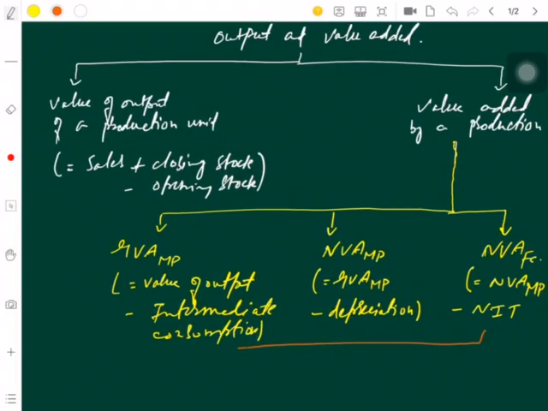I'll extend it from here like wage, rent, interest, and profit. What is it all? It is the value added by a production unit. In a production unit, they use factors of production, and those factors of production are to be paid, and they are paid with what we term here as wages, rent, interest, profit.